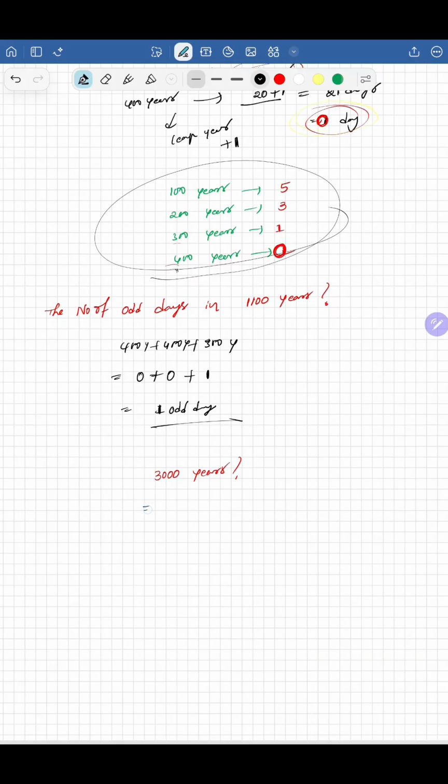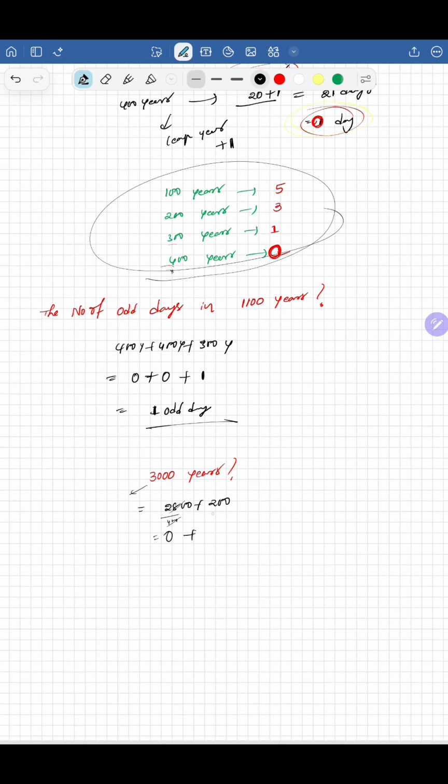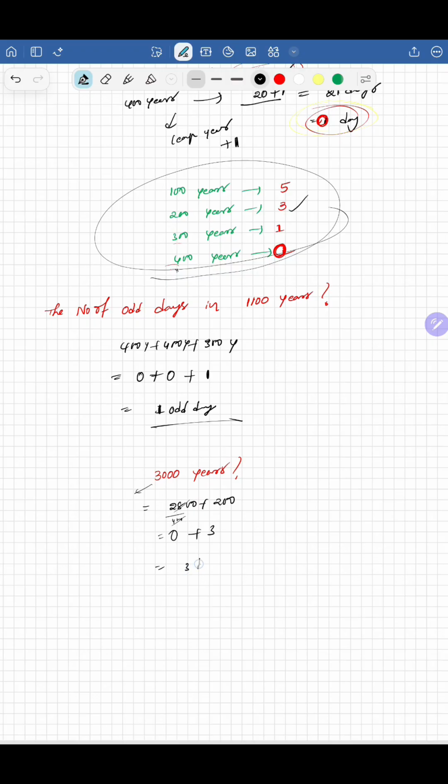So simply you can split into 2800 plus 200. If it is more than 400, you can divide by 400 and make it separate easily. It is a simple way, right? If it is 400 it will be 0 only, 0 odd days. That's why I made it separate. Plus 200, how many odd days are there? 3. So overall how many odd days? 3 odd days. This is the easiest question.